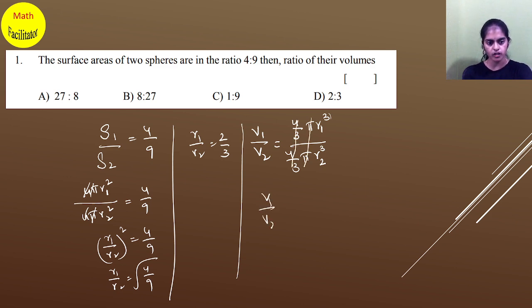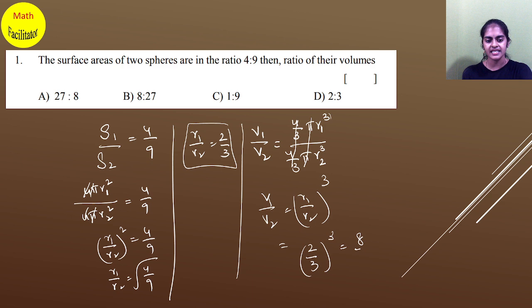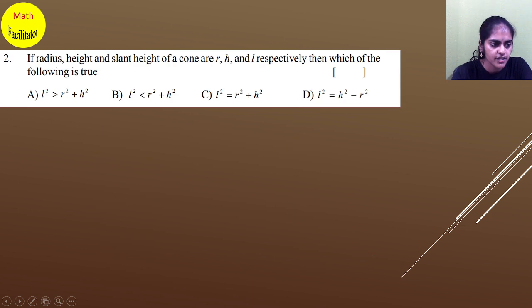So volume 1 by volume 2 is nothing but r1 by r2 whole cube. So r1 by r2 value you got as 2 by 3. So substitute here. So this is 2 by 3 whole cube, or you get it as 8 upon 27. So 8 upon 27 is the correct answer. So option B is correct. Here beta. Let's proceed to the next question.